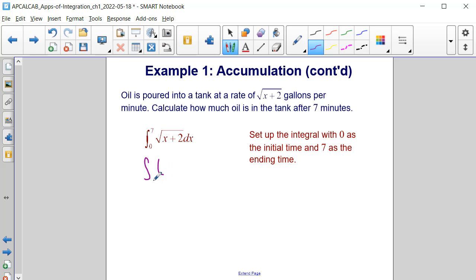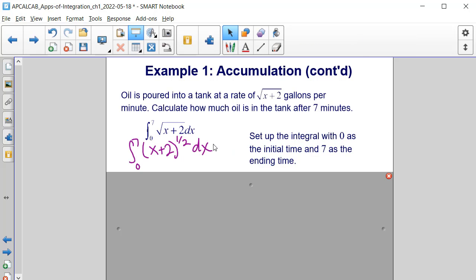It's going to be the integral from 0 to 7, but then instead of the square root of x plus 2, we could rewrite it as x plus 2 raised to the 1/2 power. Now this is a lot easier to integrate. And now, in order to integrate this, some of you may also elect to use substitution.